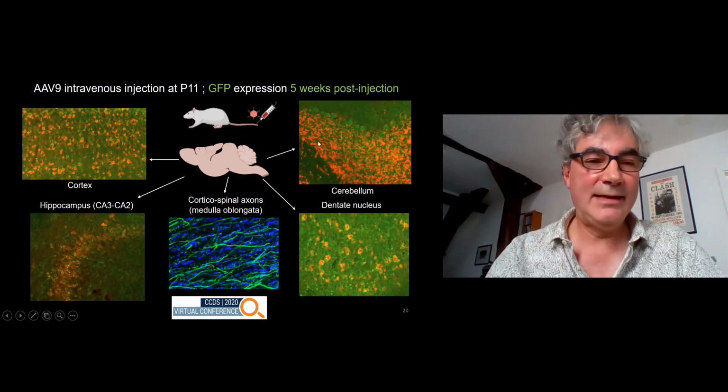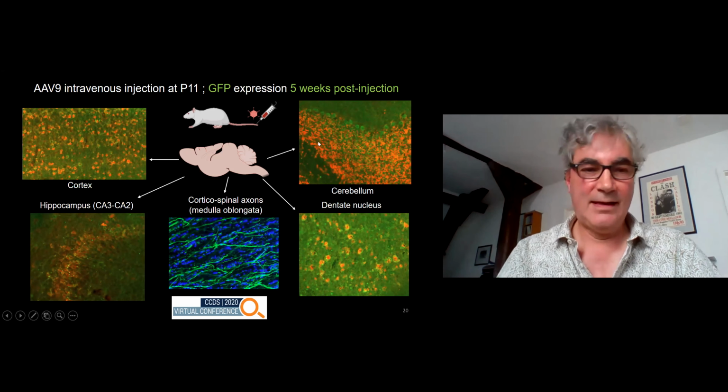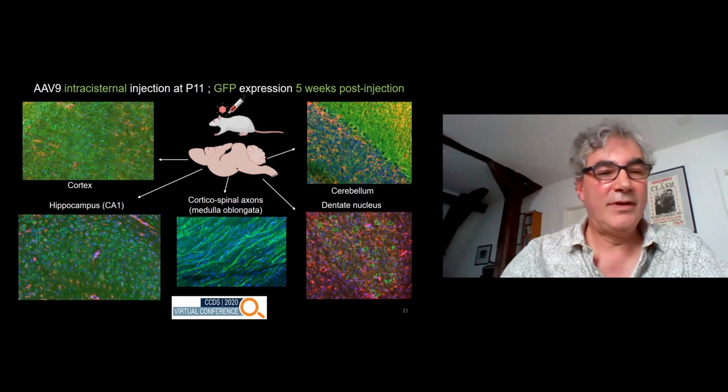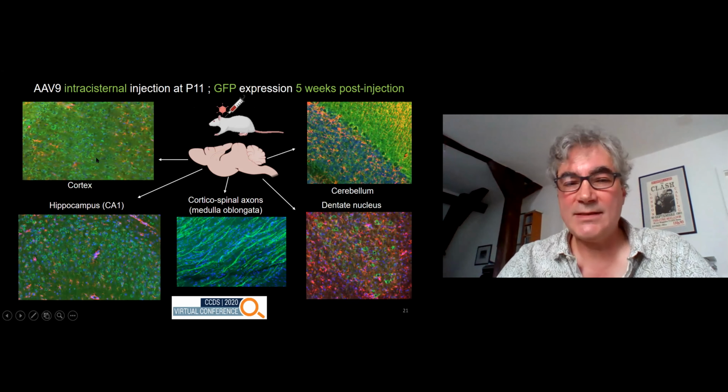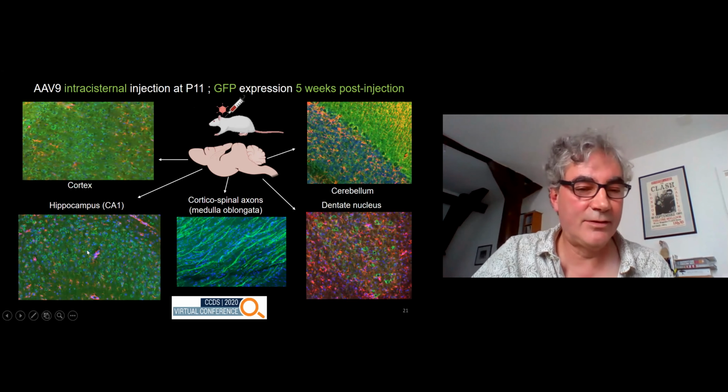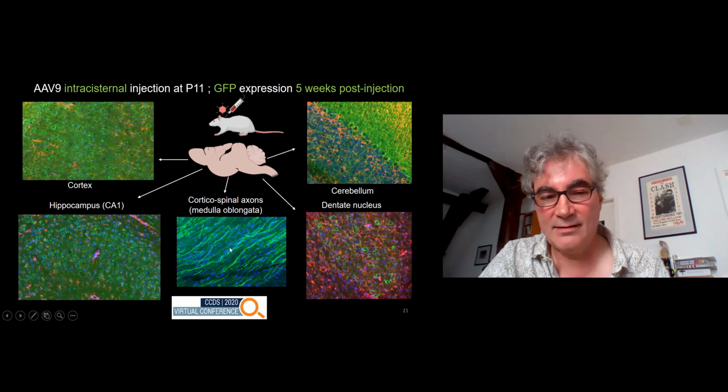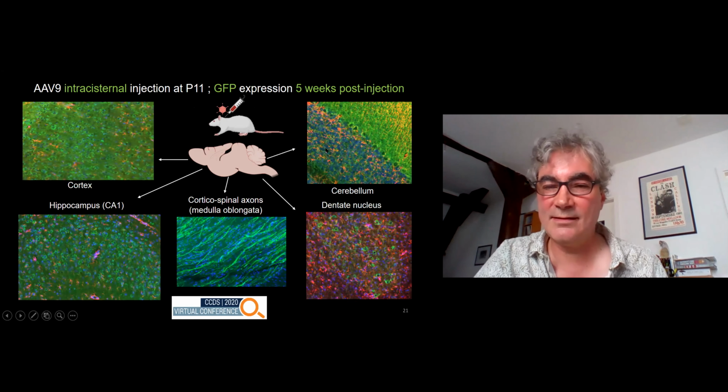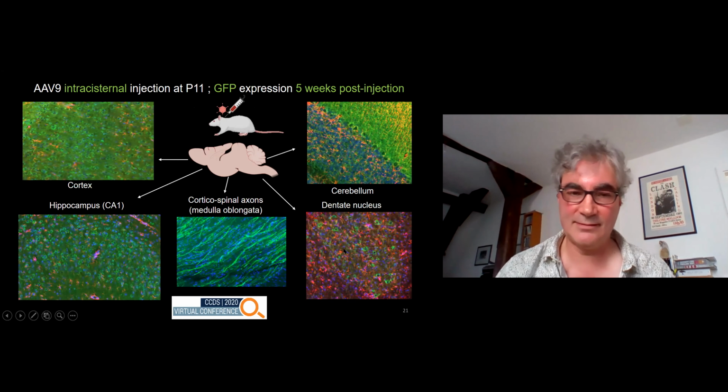And this is by intravenous injection. This is the same, but with intracisternal injection, 5 weeks post-injection. You see the nice expression in a very high number of cells within the cortex, hippocampus, the same in the corticospinal axons, cerebellum, and the dentate nucleus.